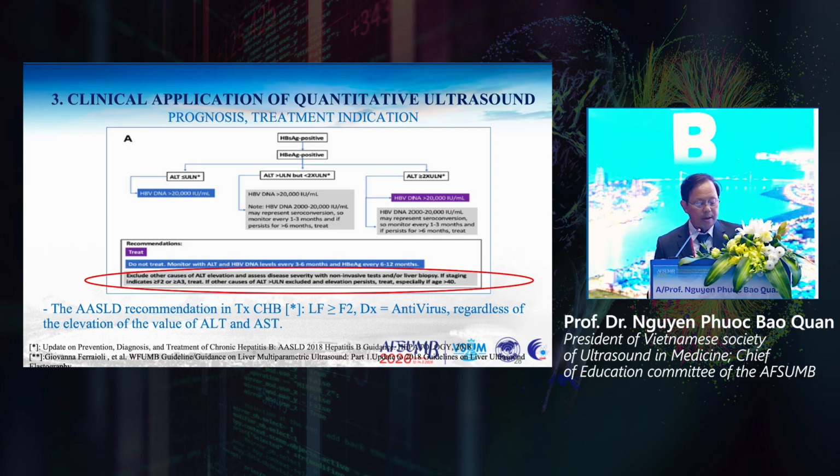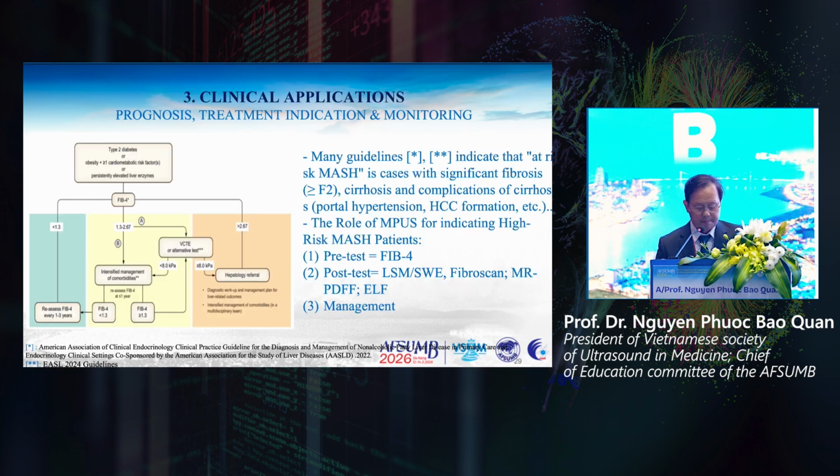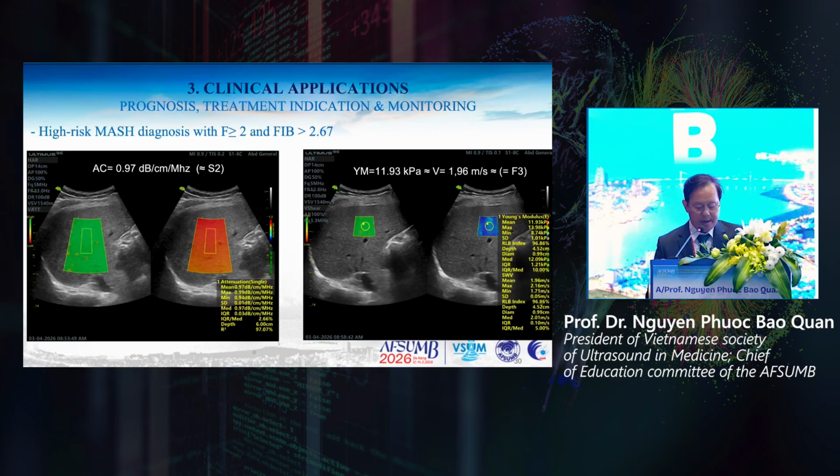But in case of elevation but not 2-fold of the upper limit of normal, we have an indication to treat the patient. In case of metabolic dysfunction associated steatohepatitis, if the patient has liver fibrosis F2, we should pay attention to treatment for the patient.